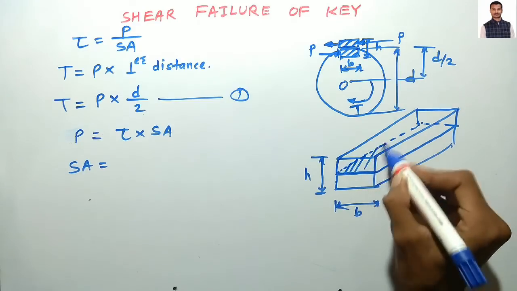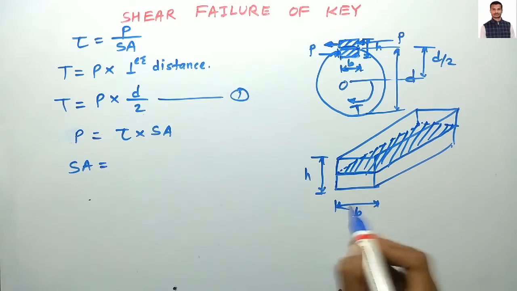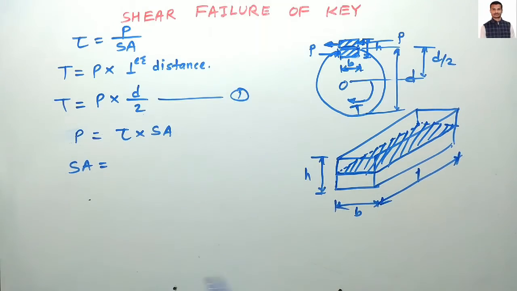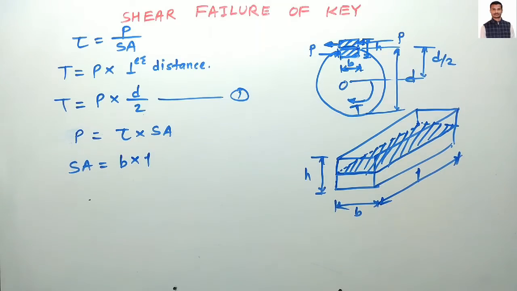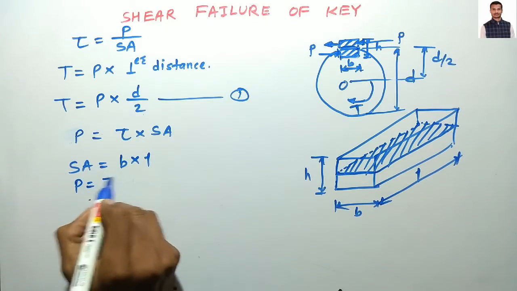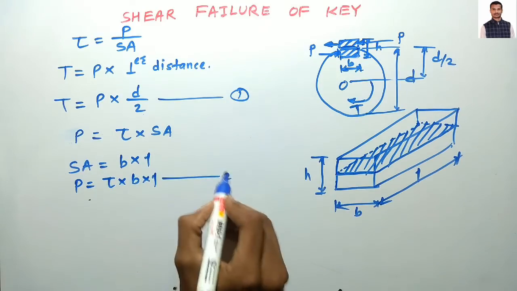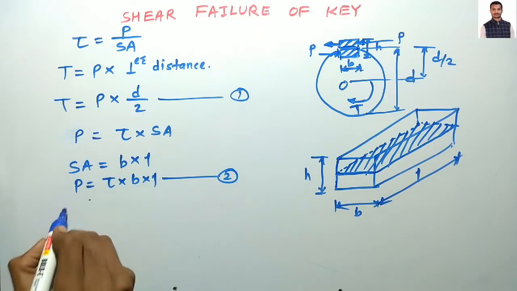This area is the failure area, means b into length of key l. So b into l is the shear area. Put this area here, so P is equal to tau into b into l. Put this value of P in equation 1.